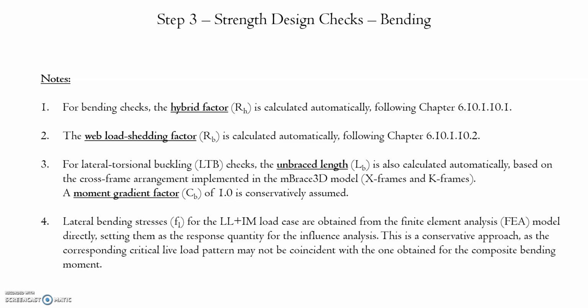So that would cover both X frames and K frames. A moment gradient factor C sub B of 1 is assumed, which is conservative, but if you open the Excel spreadsheets for the design check, you are welcome to increase that number if necessary.